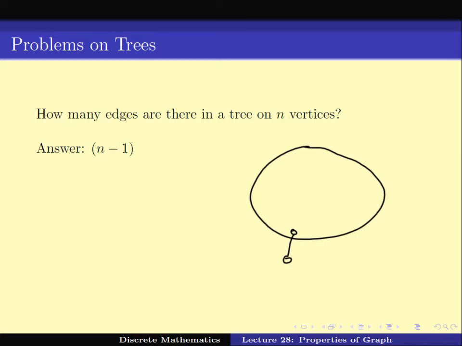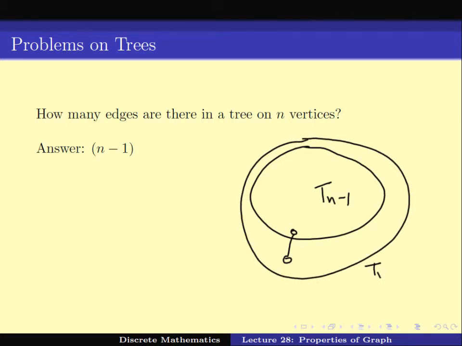A tree always has a leaf, right? So this is a tree on n minus 1 vertices, and this whole thing is a tree on n vertices. How many edges are there in this tree on n minus 1 vertices? By the induction hypothesis, the number of edges is n minus 2.